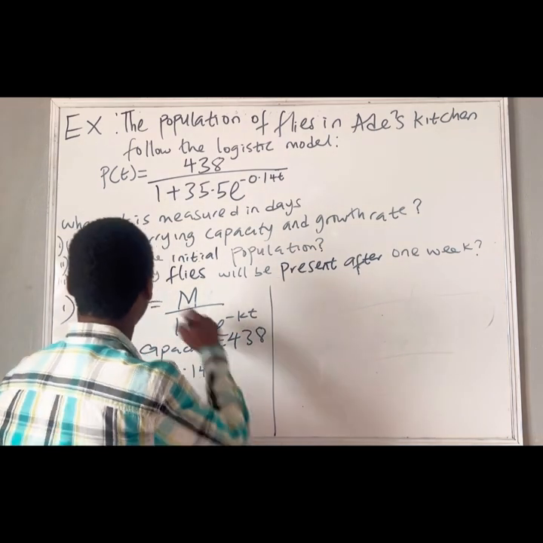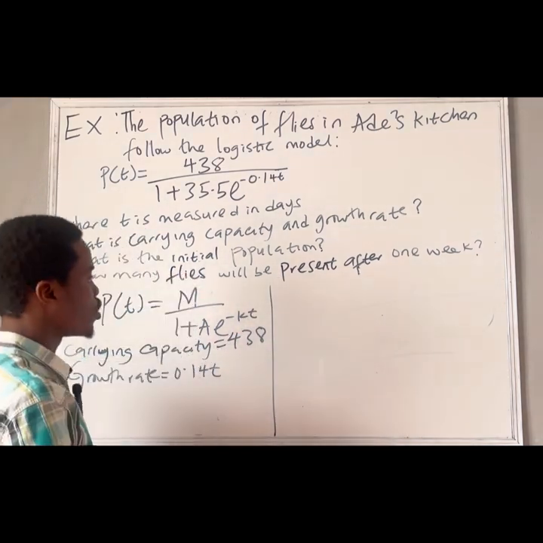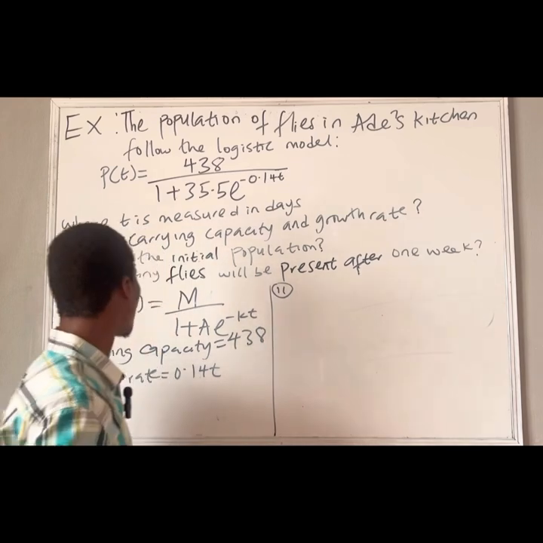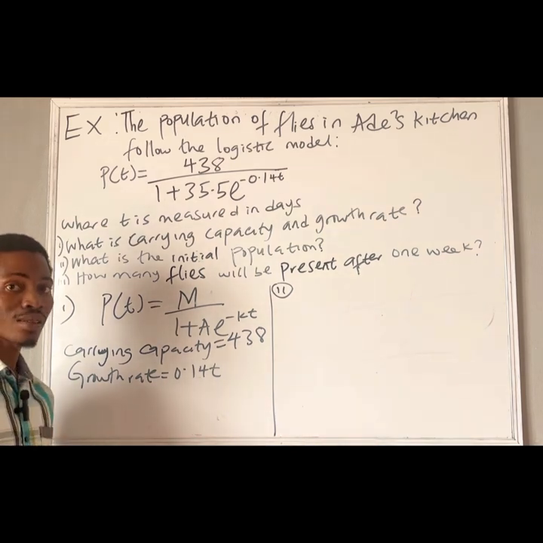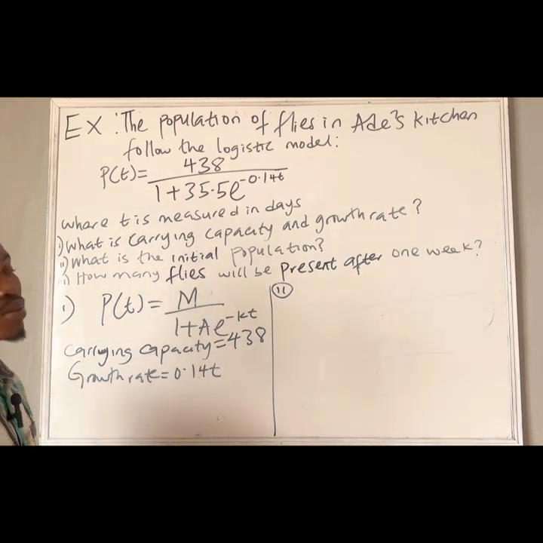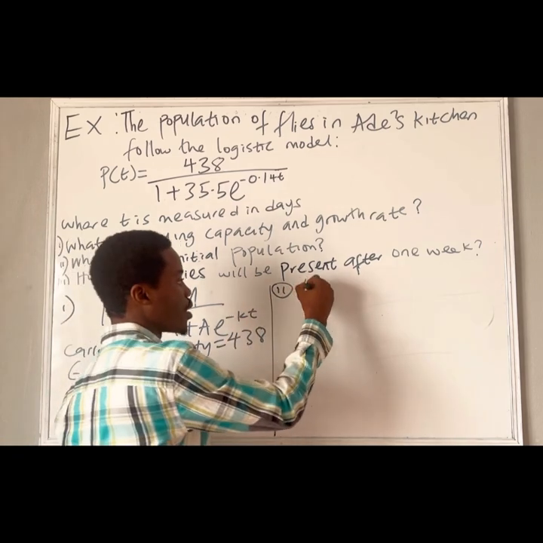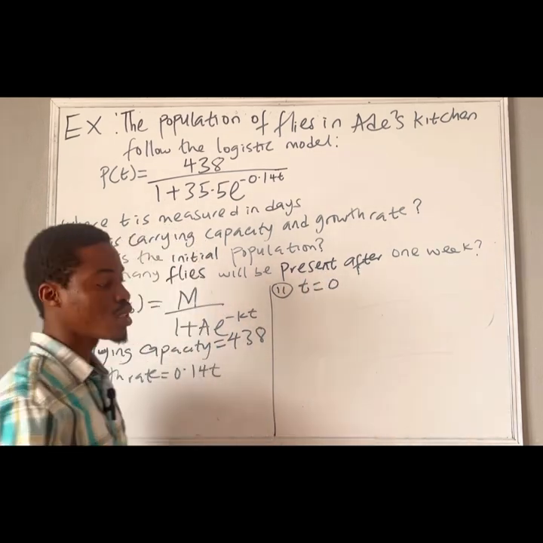So what is the initial population? The initial population is the starting point, the starting time, so our t is equal to 0.